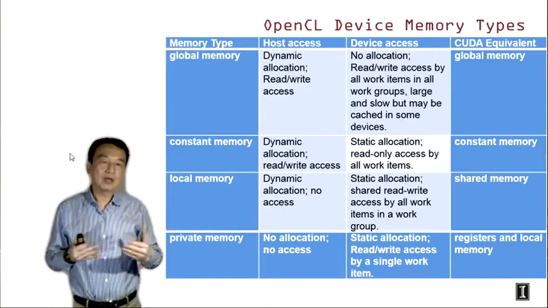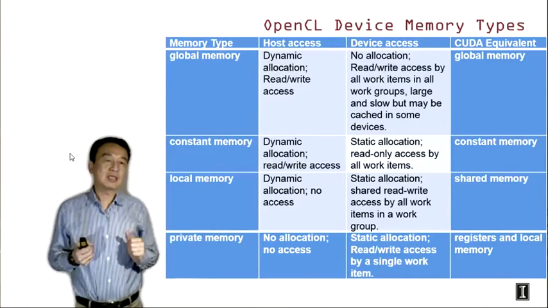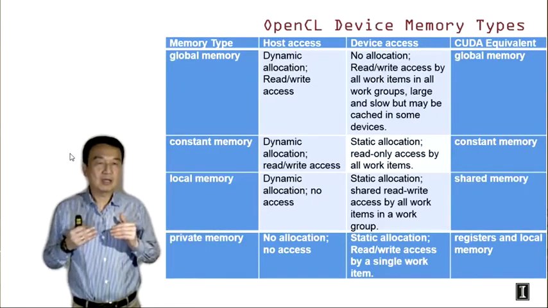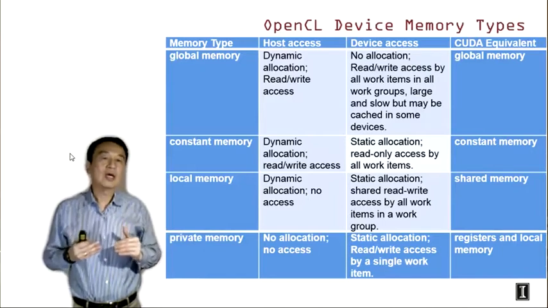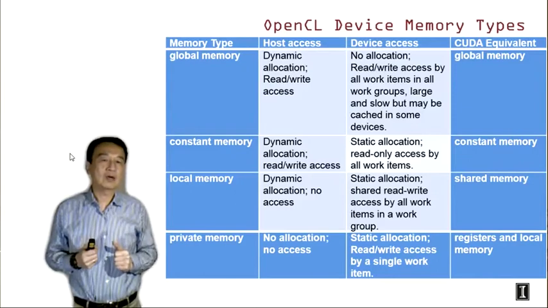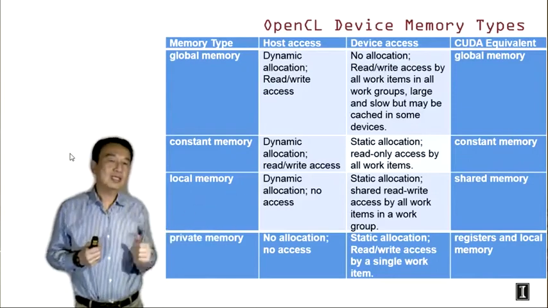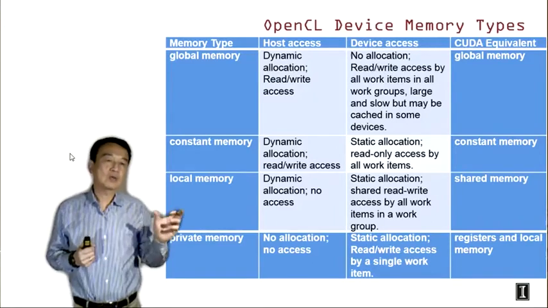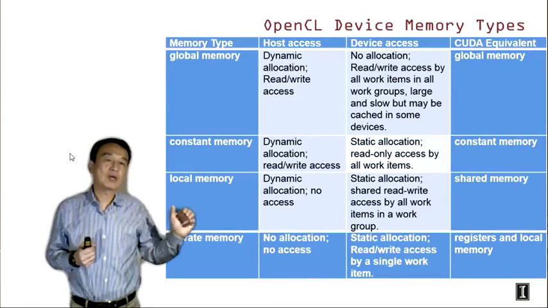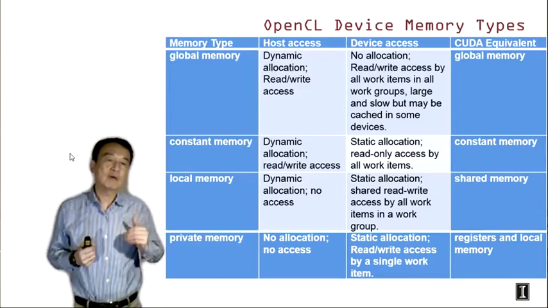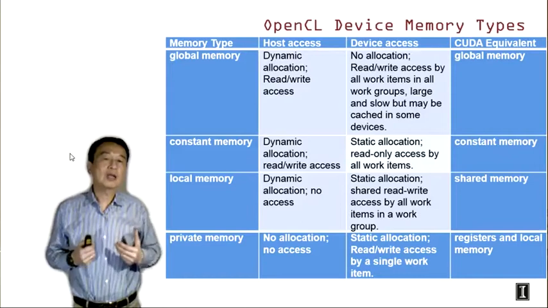And for the local memory, as in the case of CUDA shared memory, only the device kernel code can read or write into that local memory. So the device can do static allocation, just like in the CUDA case we can do static allocation of shared memory locations, and the OpenCL kernel can do static allocation of arrays and variables in the local memory.